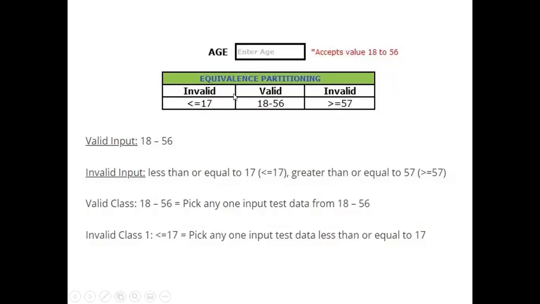Think about one equivalence class, right? Within a class, all the outputs are the same, or all the values behave in the same manner. For example, if this value is 18 or if this is 56 or if this is any value between 18 to 56, the output will be the same output. Did you get the point?